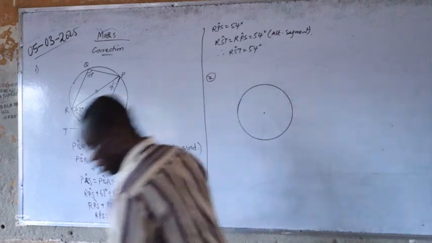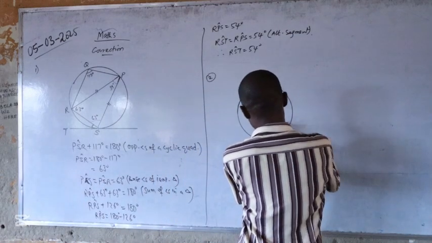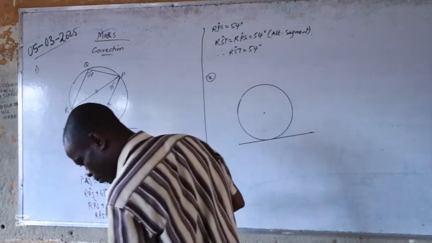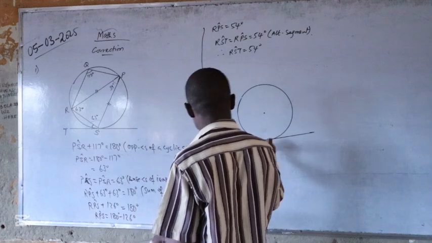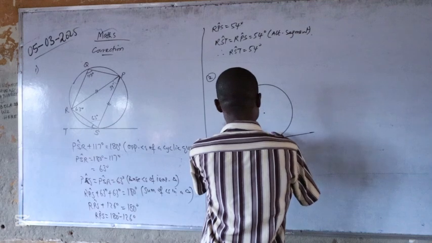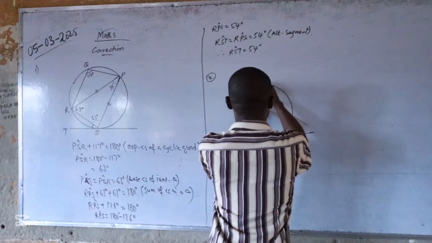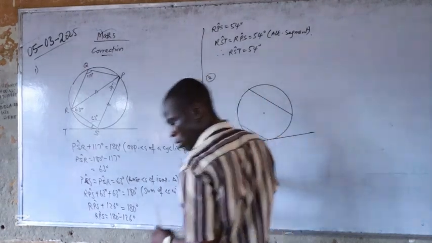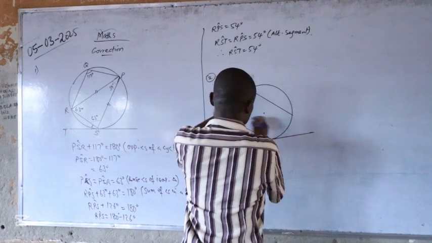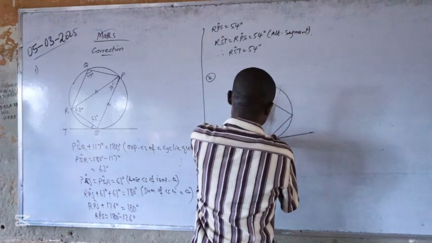We have this as a tangent. At the point of contact here, we have this side. This one is parallel to this. This is also a line. Then we have a triangle here.